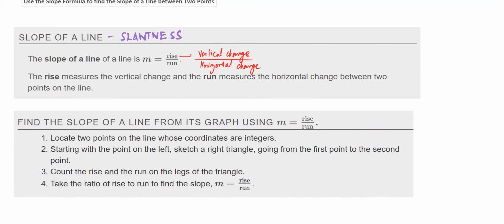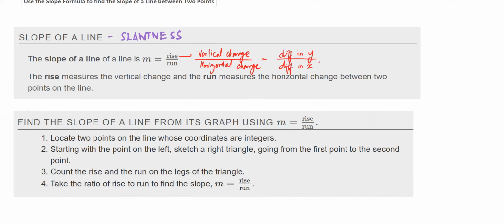Vertical change means you take the difference of the y values, because y is the vertical axis, right? So that's the difference in y values over difference in horizontal, which is x, so in x values. That's the definition that builds up from there, okay? But rise over run is a very easy catchphrase for us to remember that is our slope.